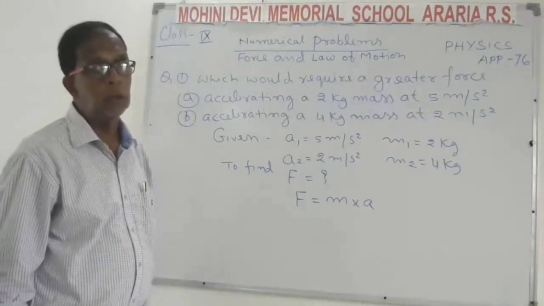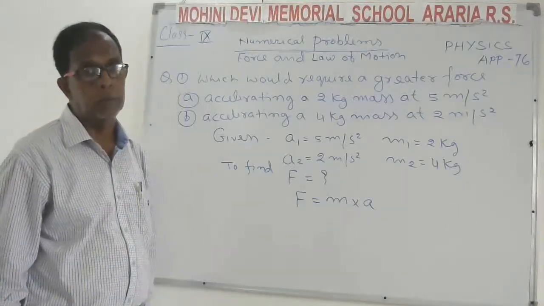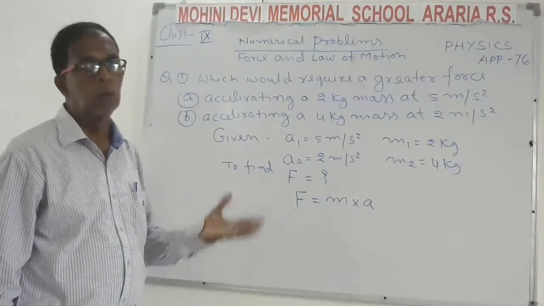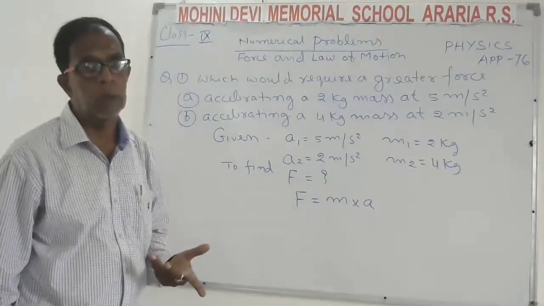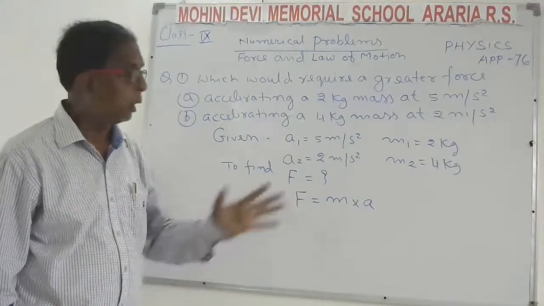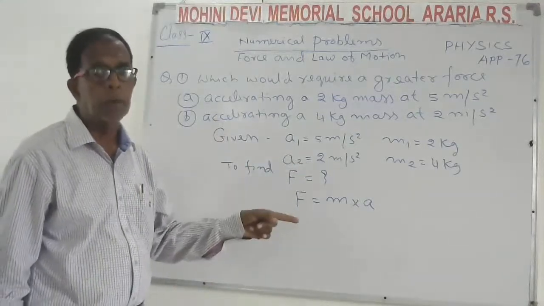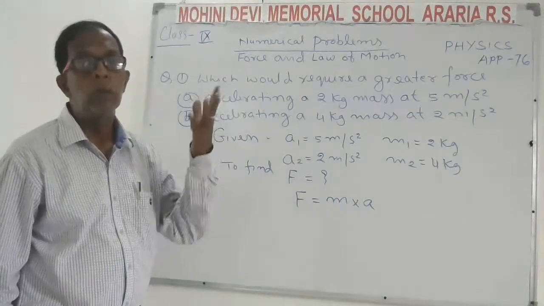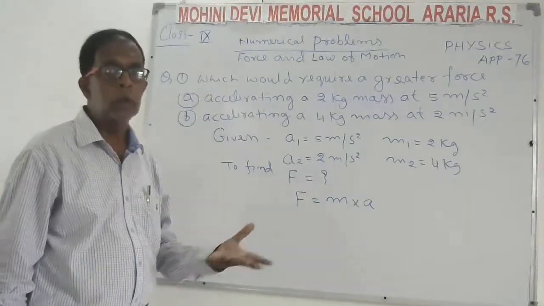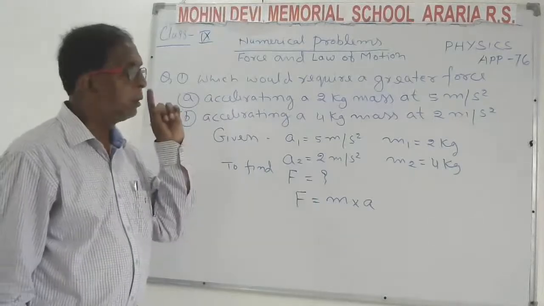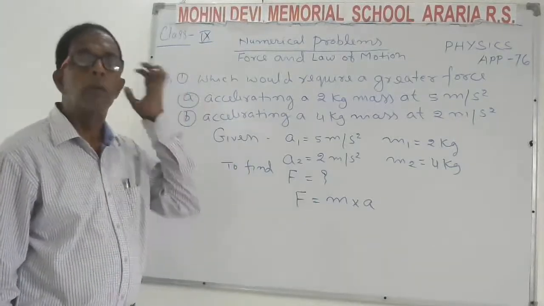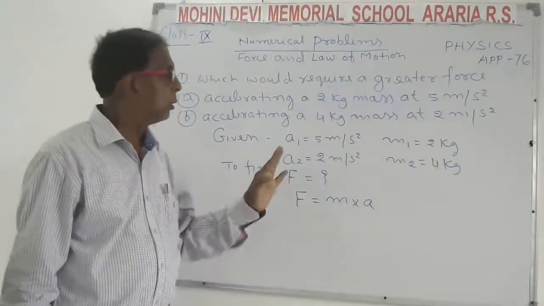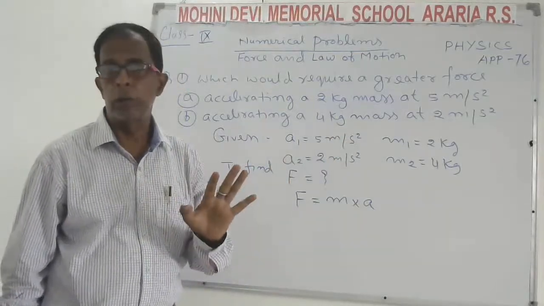Another formula is also available in this chapter, that F is equal to the rate of change of momentum with respect to time. That formula cannot be applied here, because we need momentum, and to get the momentum you need the velocity of the particle and its mass. Mass is given, but the velocity is not given.